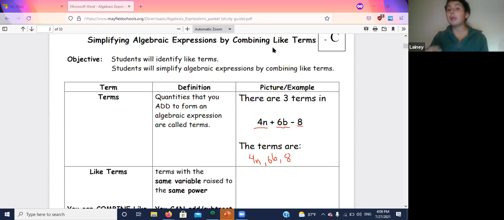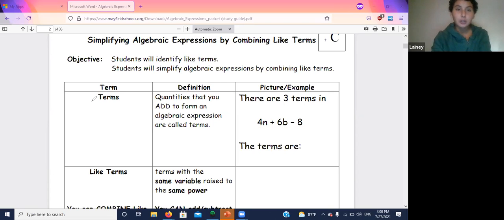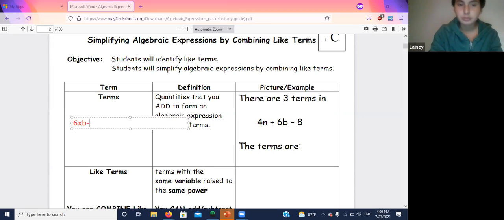Okay, let's do one more like that where you identify the number and what the terms are. So let me type an example out for you. Okay, so tell me how many terms there are and what they are.